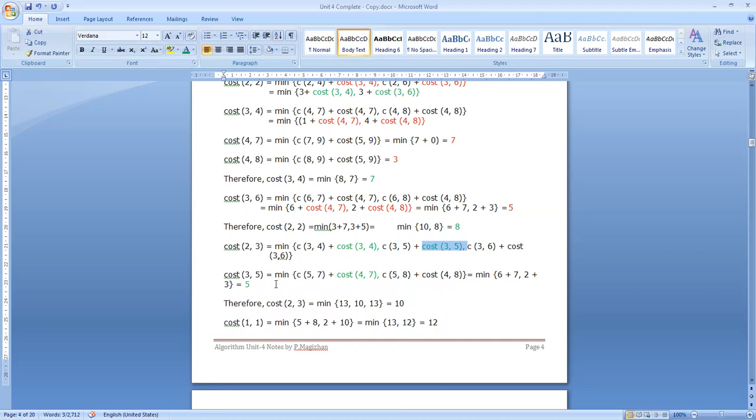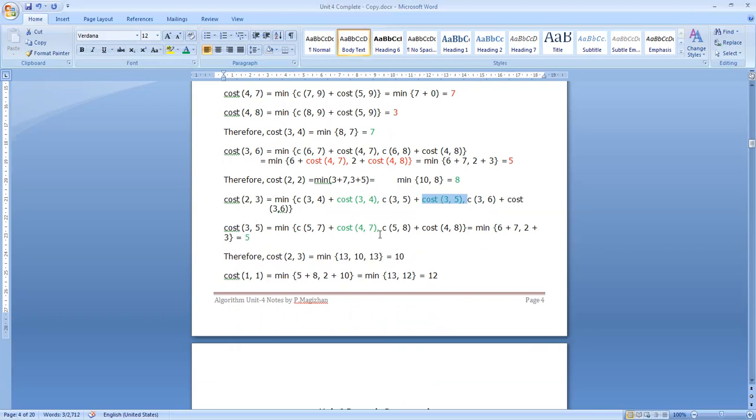So I have all the values: cost of 4 7, cost of 4 8, cost of 3 6. It is also available. Now I can supply all these values in the cost of 2 comma 3.